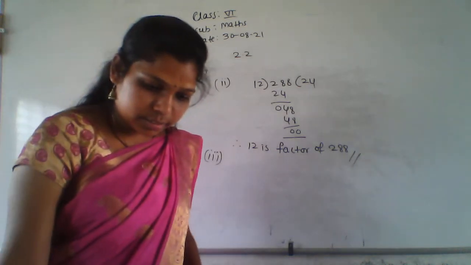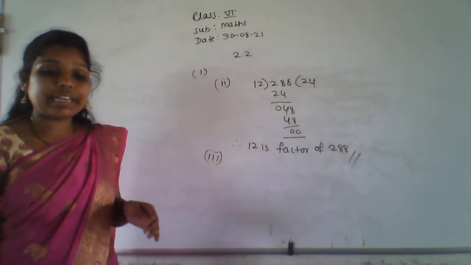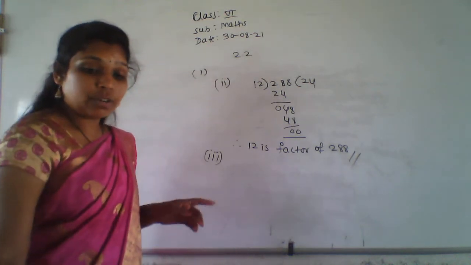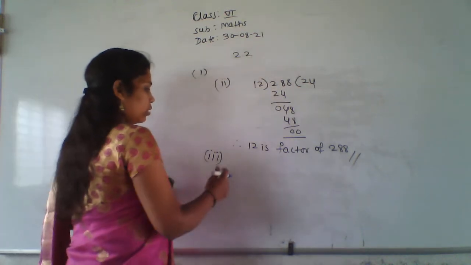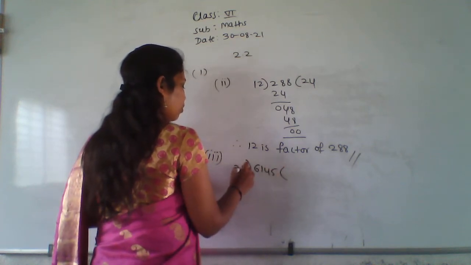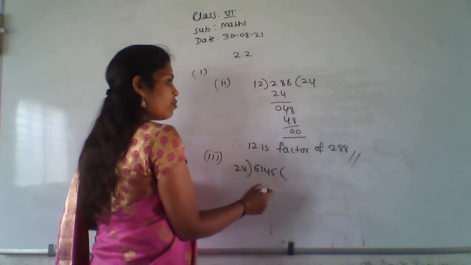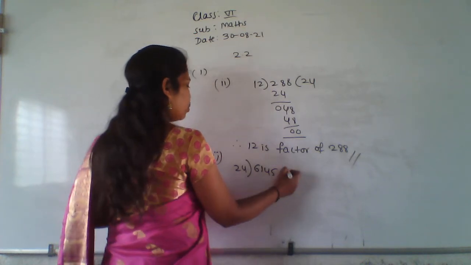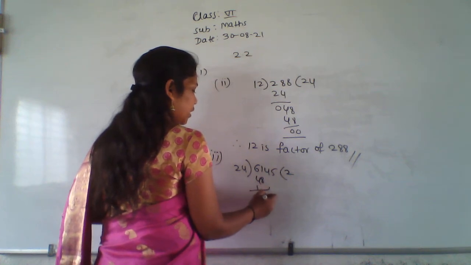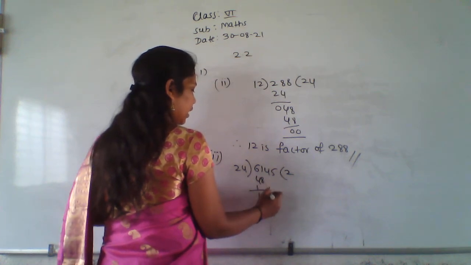Third one is find whether 24 is a factor of 6145. I think it is not. We'll check once again. 24 twos are 48. 24 threes will be more, so take twos only. 11 minus 8 is 3. 6 minus 5 is 1. Again take 4.